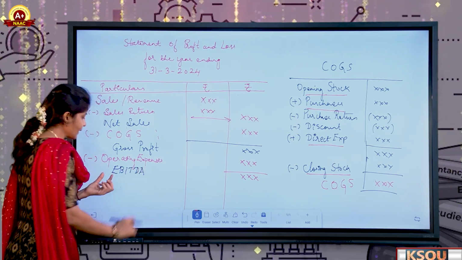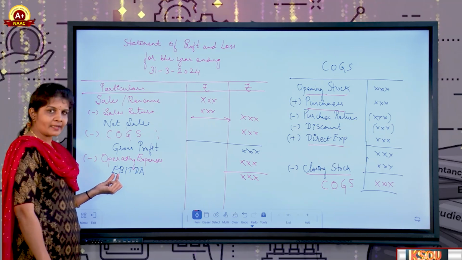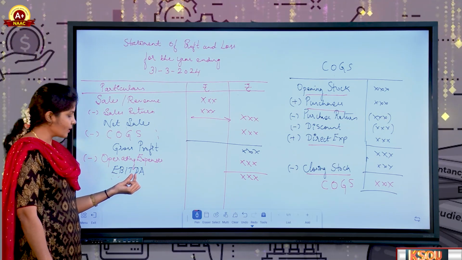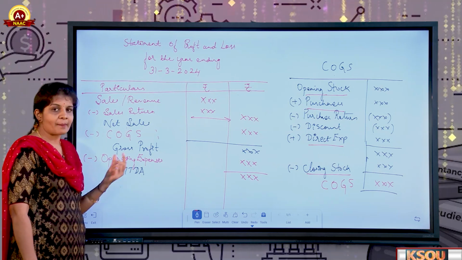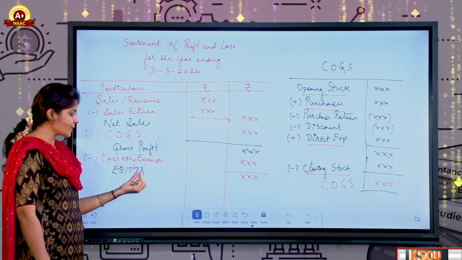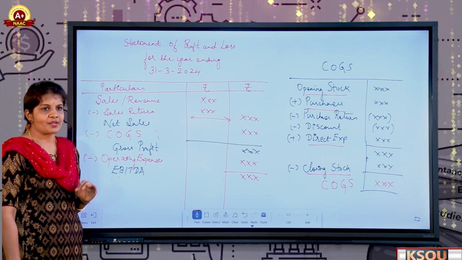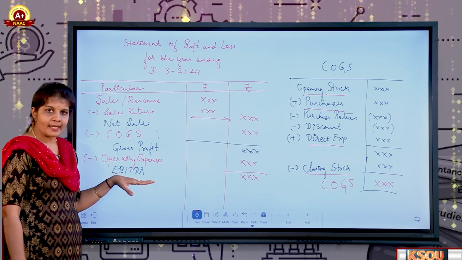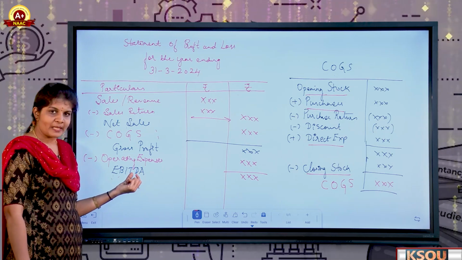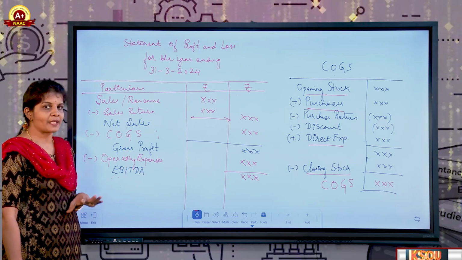What is this EBITDA? It is nothing but earnings before interest, tax, depreciation and amortization. We say this as EBITDA. We have not yet arrived at operating profit. Still we have to make some adjustments to arrive at the operating profit.